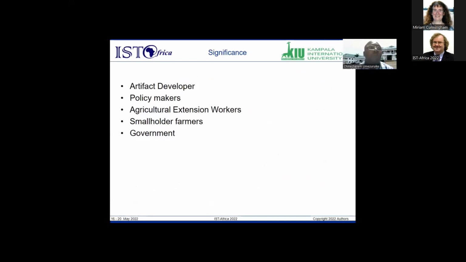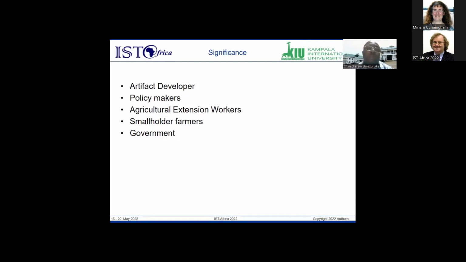data product will be useful to artifact developers, who can develop these artifacts either as software for management of agricultural facilities and management of environmental elements that affect agricultural production, or as hardware like robots that we use directly in agricultural production, in harvesting, in planting, in management of animals, and management of diseases.